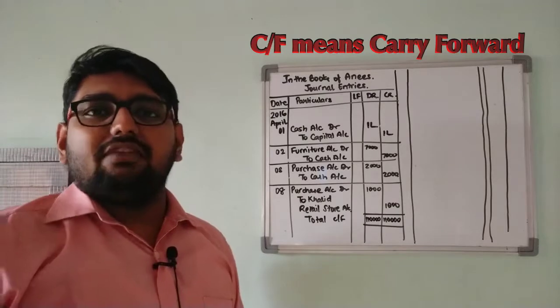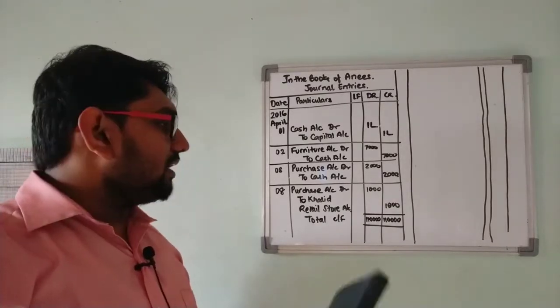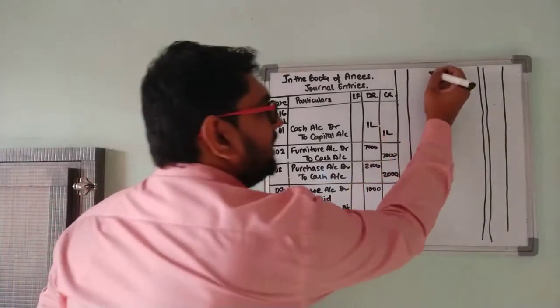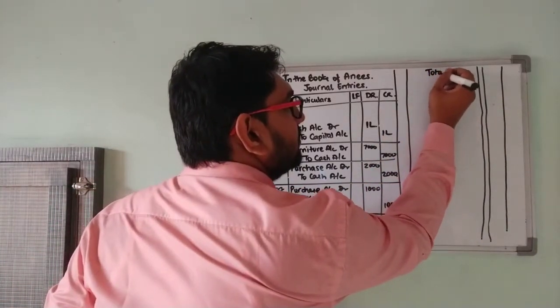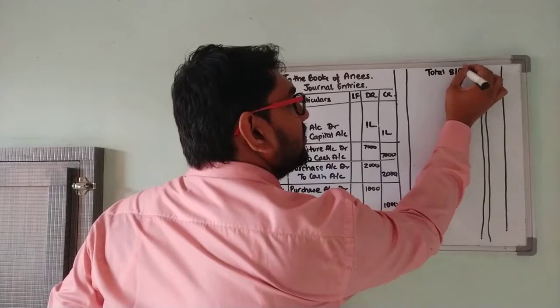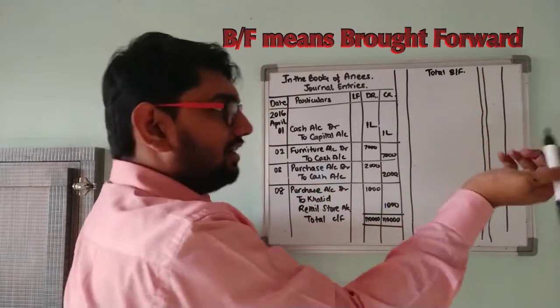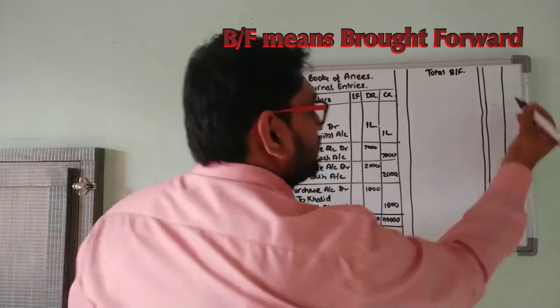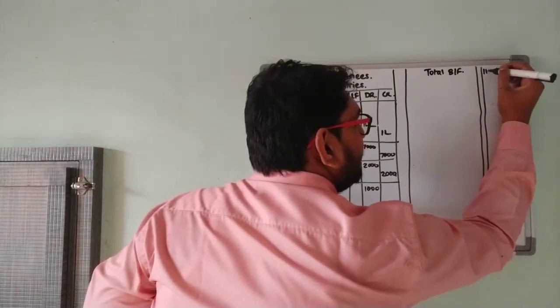CF means carry forward. So I am going to carry forward this total to the next page. So in the next page I will write total BF. BF is not boyfriend, for your kind information. BF means brought forward. So 1,10,000.